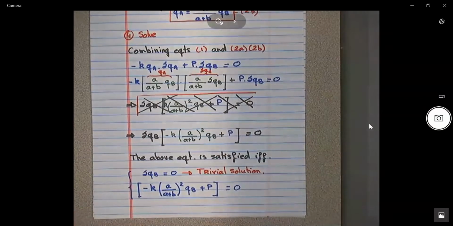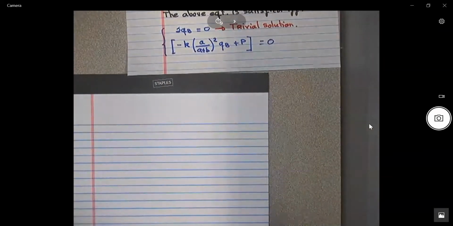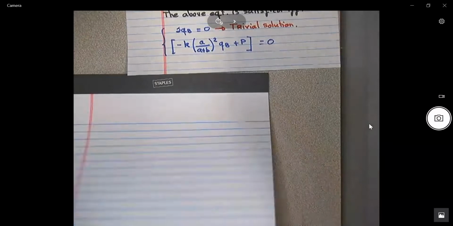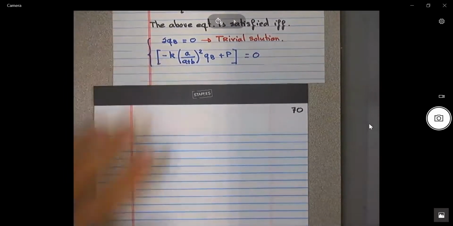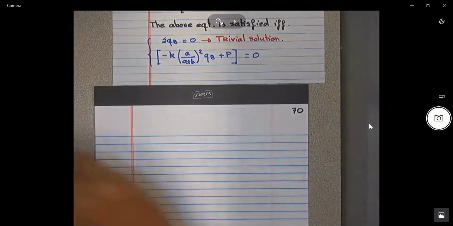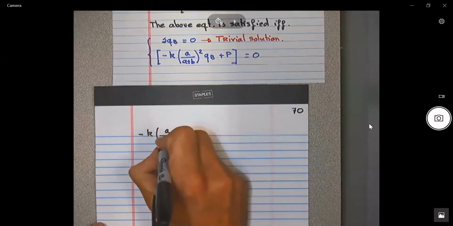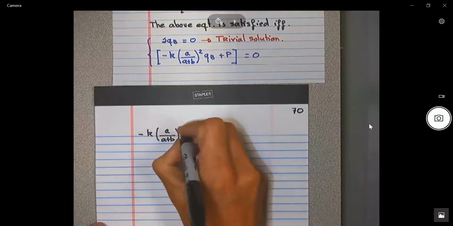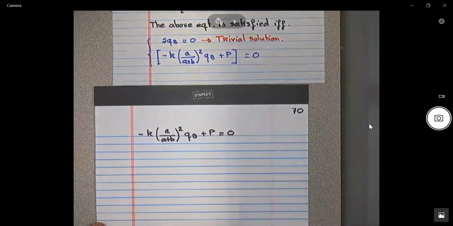All right, so if we solve this second equation, we can just take that equation, minus K A over A plus B squared Q sub B plus P equals 0.